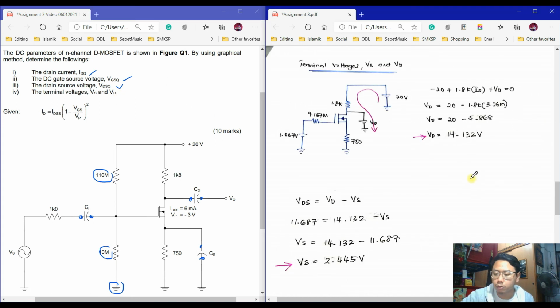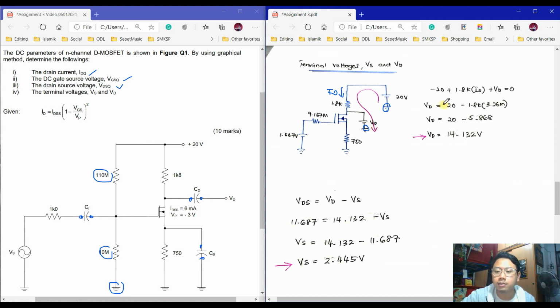The simple step that we will do is we just need to find the value of Vd first. How? To find the value of Vd, we just put one node here, which is the node for Vd. And then we just do a KVL from ground to ground here. The KVL will become negative 20 volts plus 1.8 K ID plus Vd.